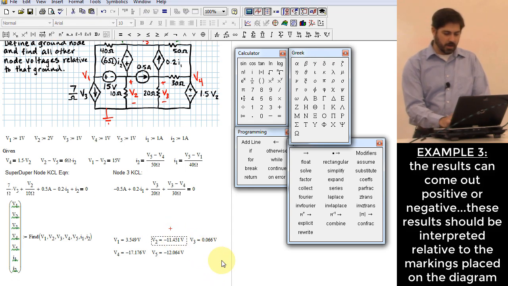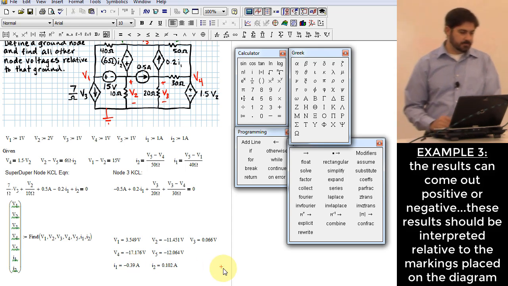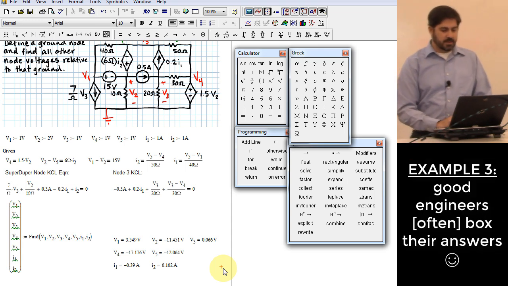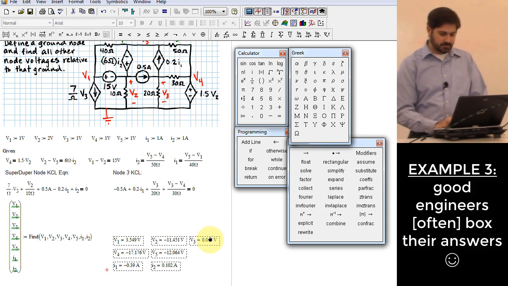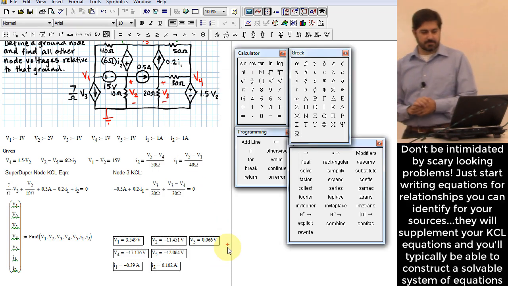Okay, what about I1? All right, I1 is negative 0.39 amps, and I2, 0.102 amps. Because I'm a good engineer, I like boxing my answers. I hope I'm a good engineer.